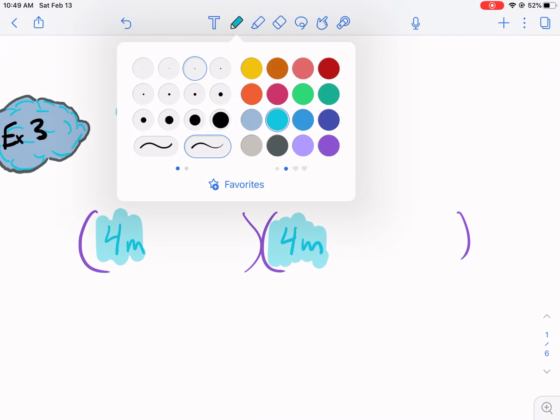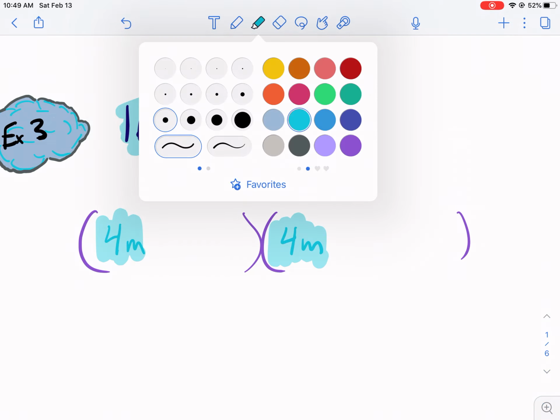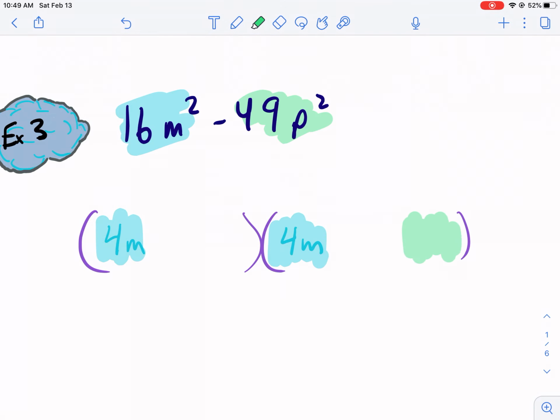Then, is the second term a perfect square? It is. You can take the square root of 49, and the square root of p squared, so we put 7p, 7p. We'll make one positive, one negative, and there we go.